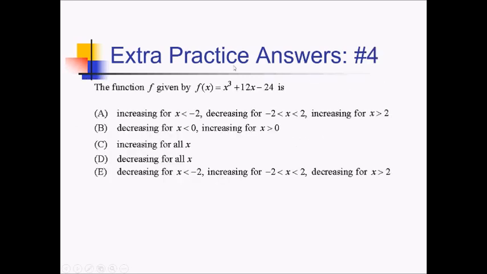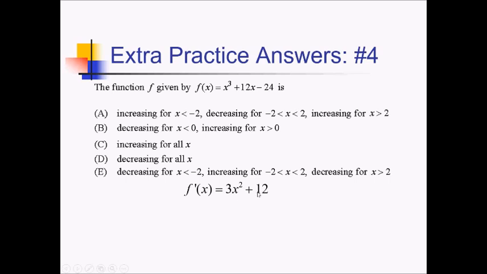For this problem, we have this f function given here, and we want to know where this thing is increasing, decreasing, all that kind of stuff. So to answer that question, I need to figure out f prime and figure out where that's positive and negative. So f prime, using our power rule, we're going to have 3x squared plus 12. And now I have to figure out where this is positive or negative.